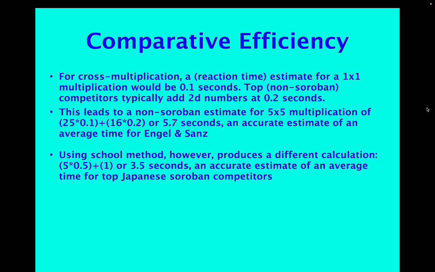And we can estimate rather well how long it takes a top Japanese competitor to add 20 digits, and the general rule is it's 20 digits per second. So we have 3.5 seconds as an estimate for their time in 5 by 5 multiplication, which happens to be quite accurate for the top times for Japanese competitors.